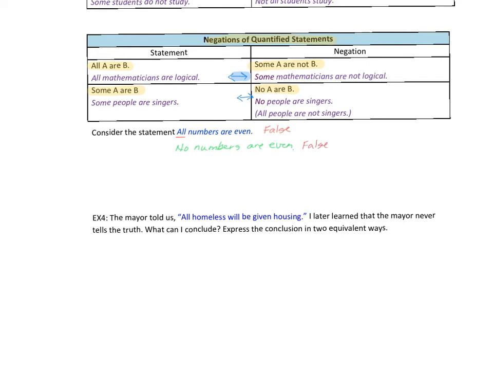If I negate all numbers are even, then its negation has to be true, which is why the negation of all is not no, and the negation of no is not all. Okay? All we have to do when we have an all is find at least one that is not, or some that is not.